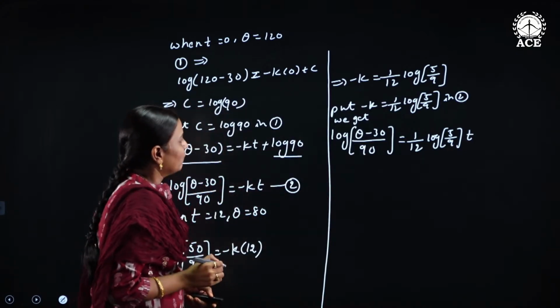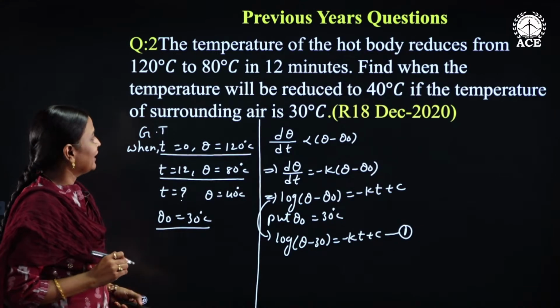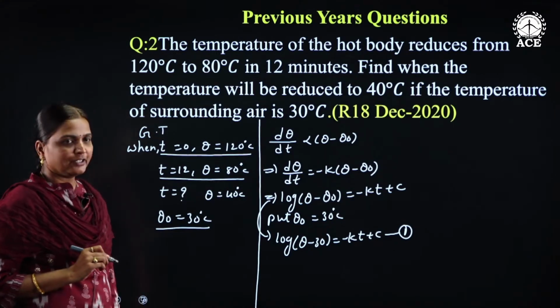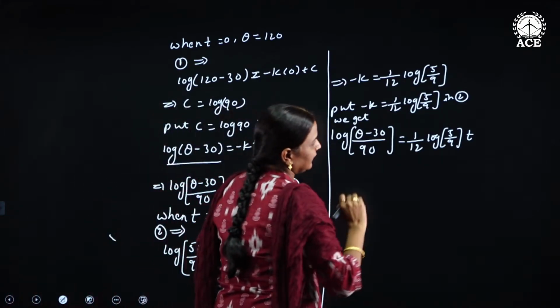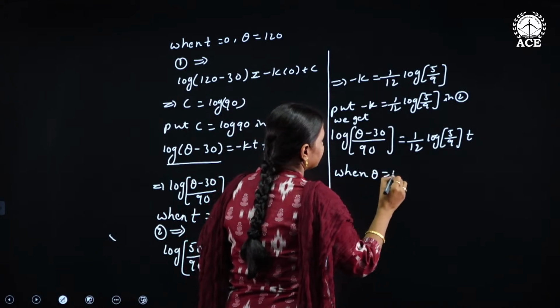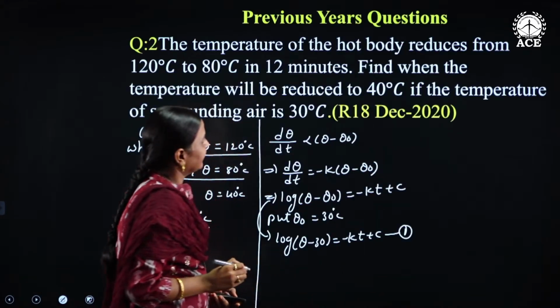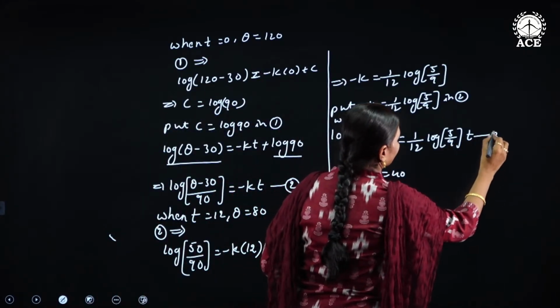So next, what we have to find? Find when the temperature will be reduced to 40 degrees centigrade. So that means here we have to find out the t value. So that means when theta is equal to 40 degrees centigrade.